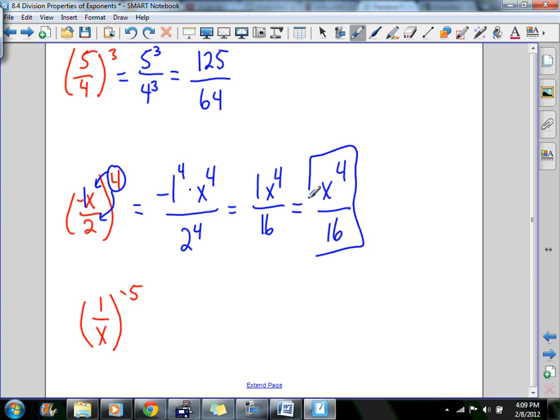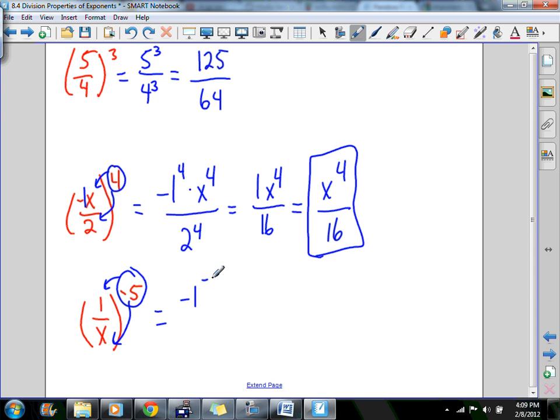Now, if you just did this as negative x raised to the 4th, that's okay too, because you would have gotten the same answer. As long as you ended up with x to the 4th over 16, that's the most important thing. And finally, we distribute in the negative 5 here.